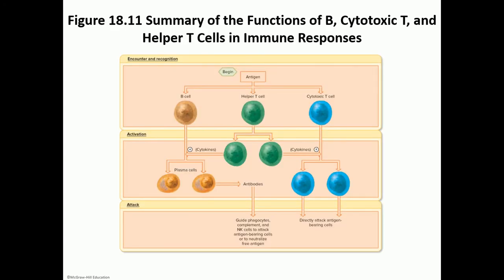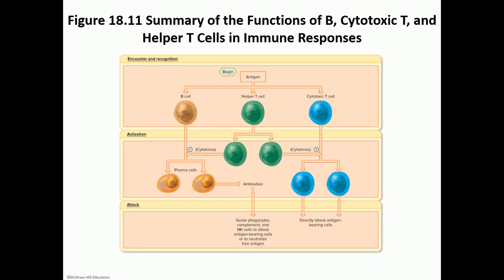Now here's a summary of how all of these cells work together. Okay, so let's take it from the very top, where our immune cells are going to encounter an antigen. We have B cells, helper T cells, and cytotoxic T cells. Remember again, these are all mature, but none of them are active.